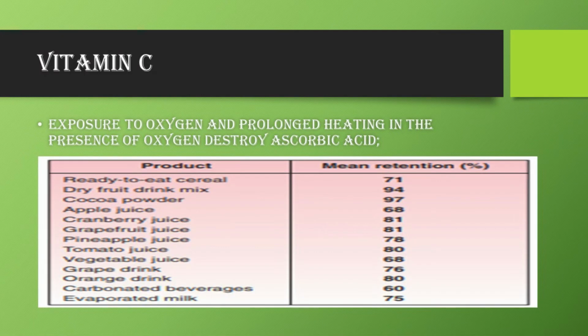Vitamin C is widely distributed in nature, mostly in plant products such as fruits, especially citrus fruits, green vegetables, tomatoes, potatoes, and berries. The only animal sources of this vitamin are milk and liver.